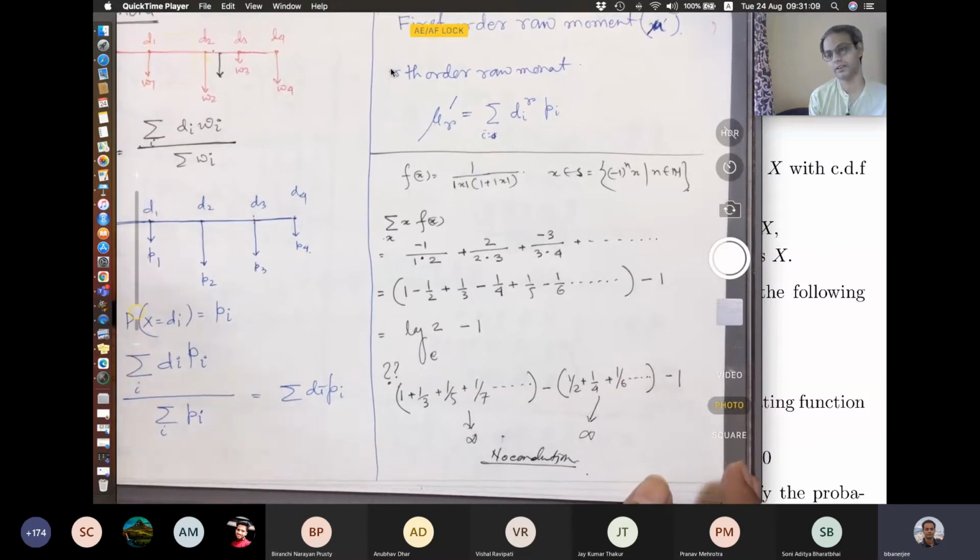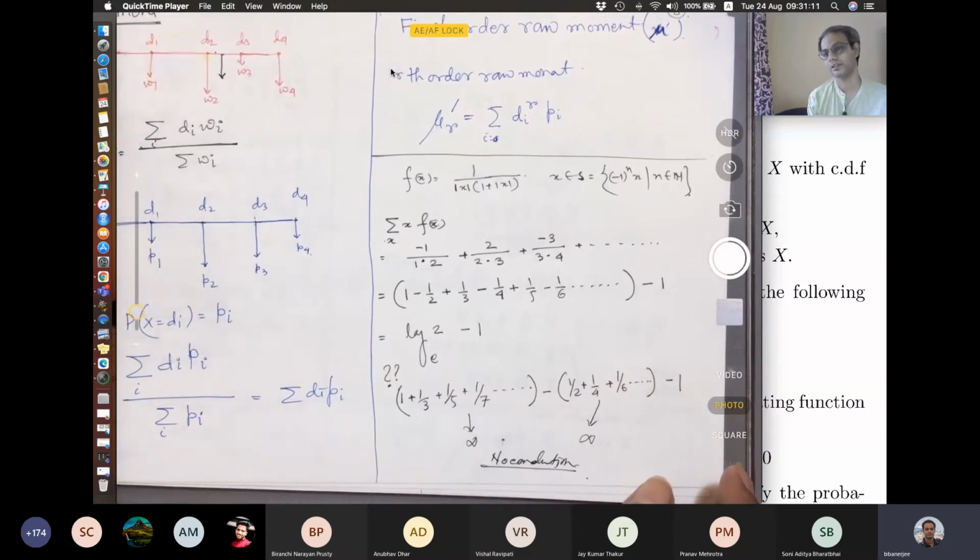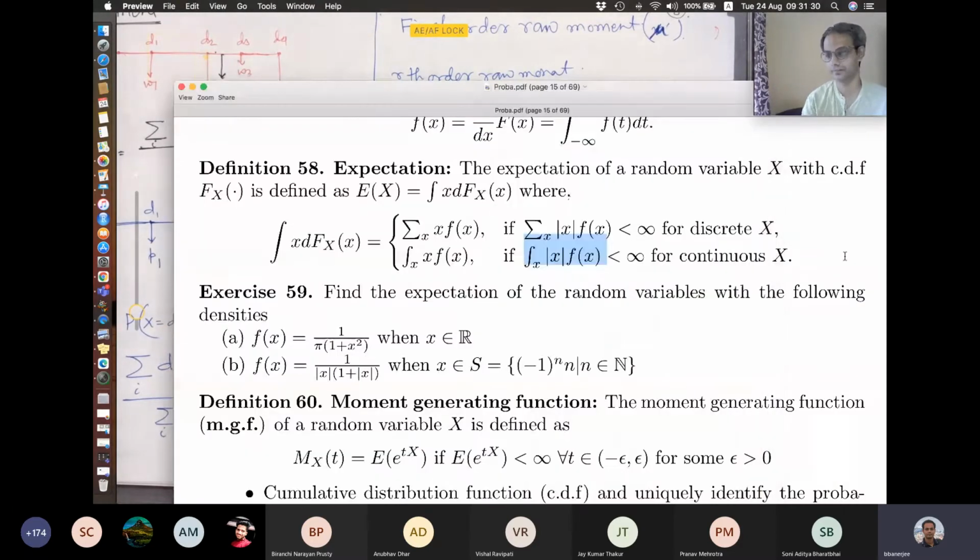So to avoid this thing, that the rearrangement of the series or integration can give us different values for the same series or integration, we need the condition of absolute summability. If a series is absolutely summable, then it is also summable in the usual way.